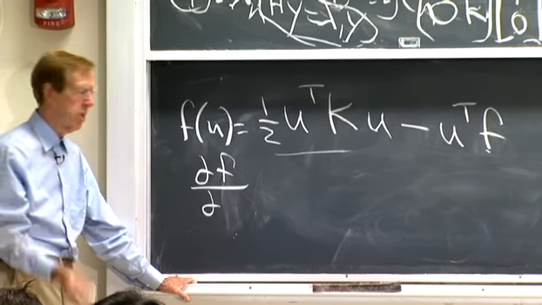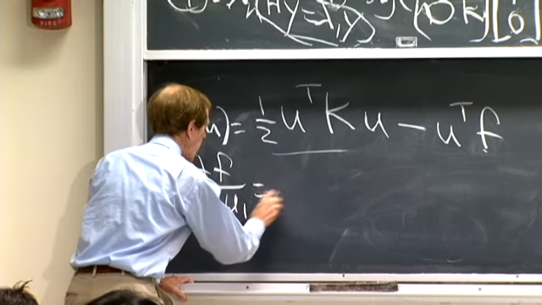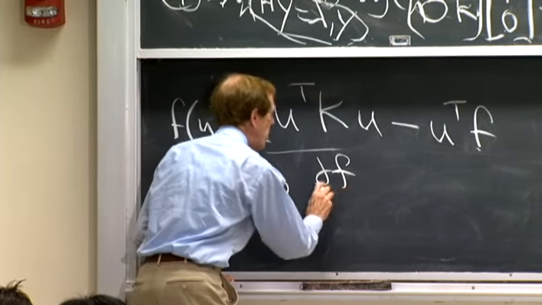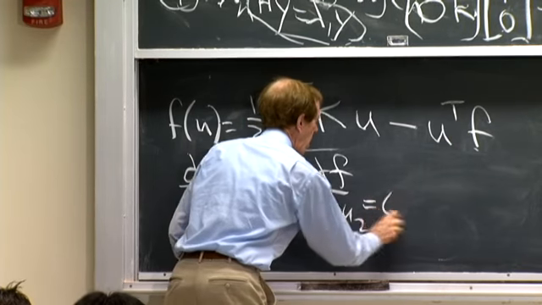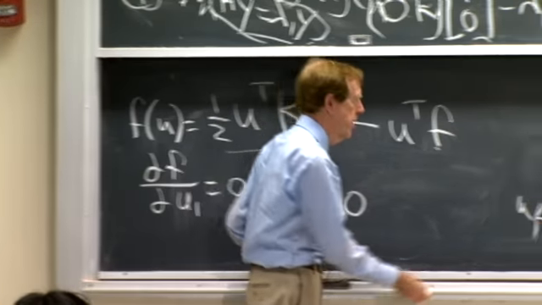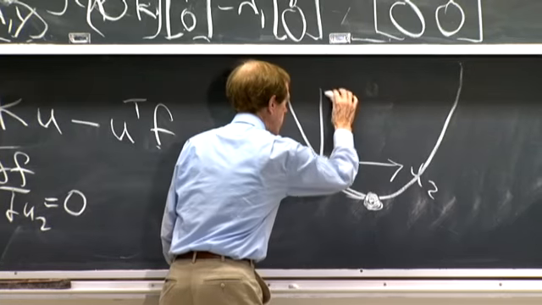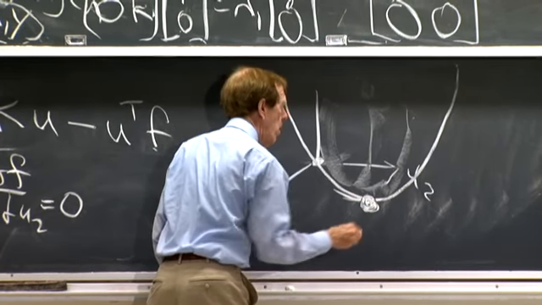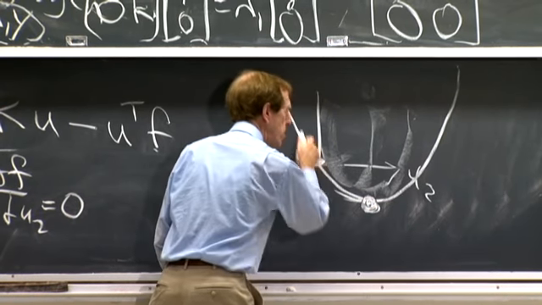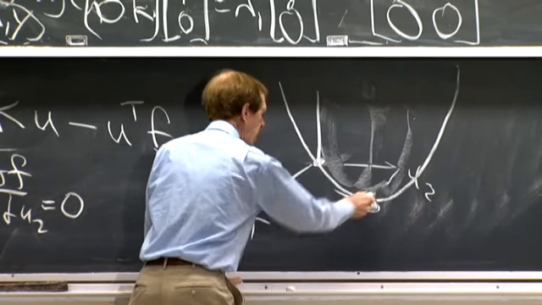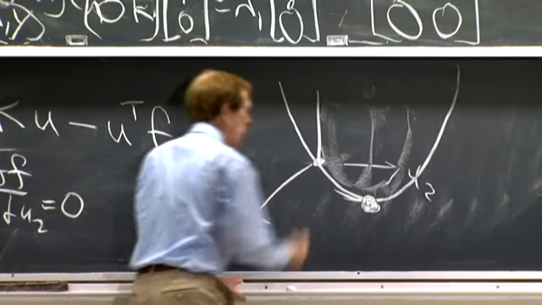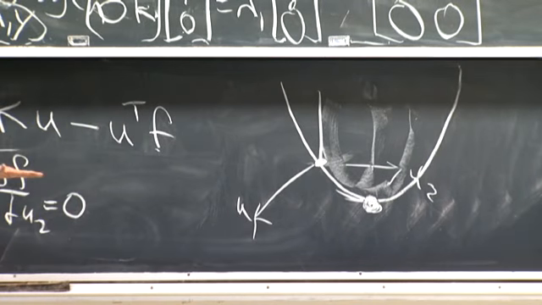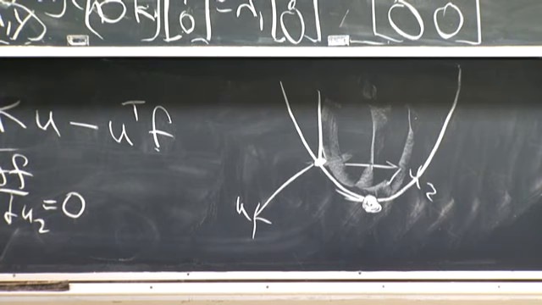Because I've got 2 directions. So I have df/du1 equals 0 and df/du2 equals 0. In other words, when I sit here at the bottom, I'm seeing this whole bowl above me. If I go along the u2 direction, it should go up, and if I come along the u1 direction, it goes up. But it's flat at the bottom both ways.